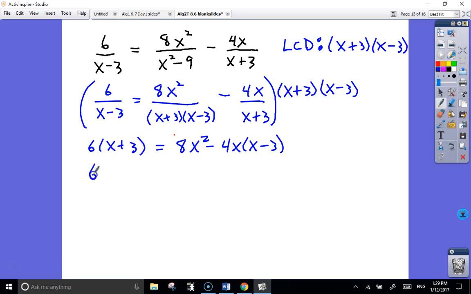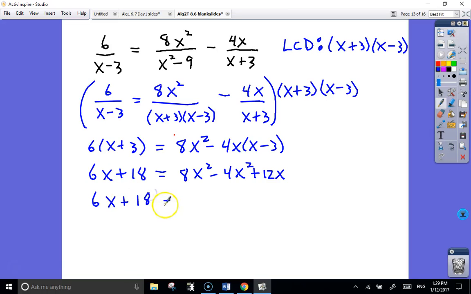Okay, simplify. 6x plus 18 equals 8x squared minus 4x squared plus 12x. Okay, that's going to be quadratic. 6x plus 18 equals 4x squared plus 12x.